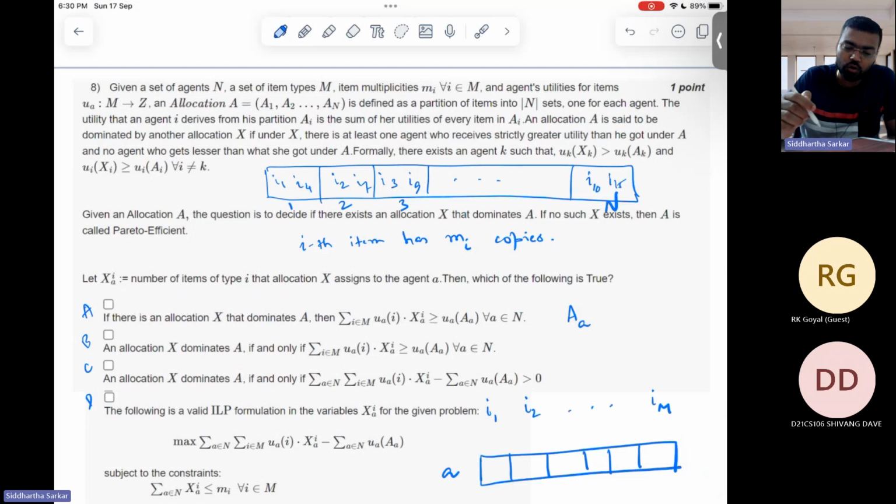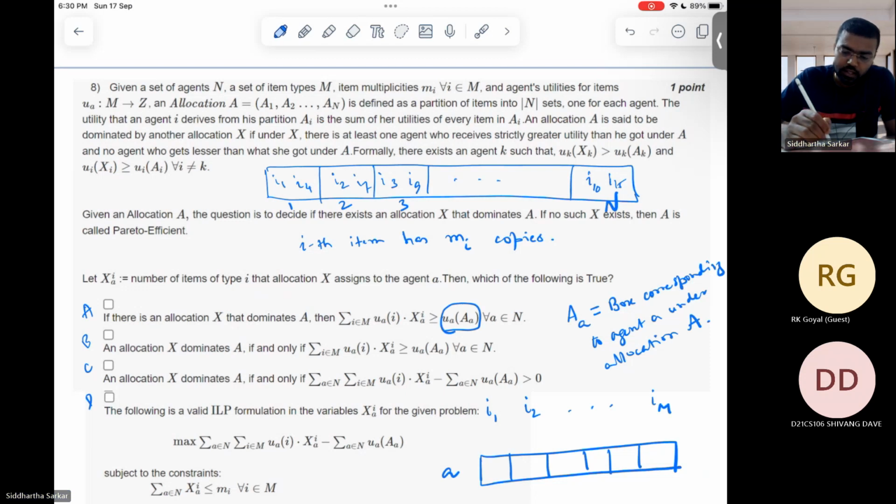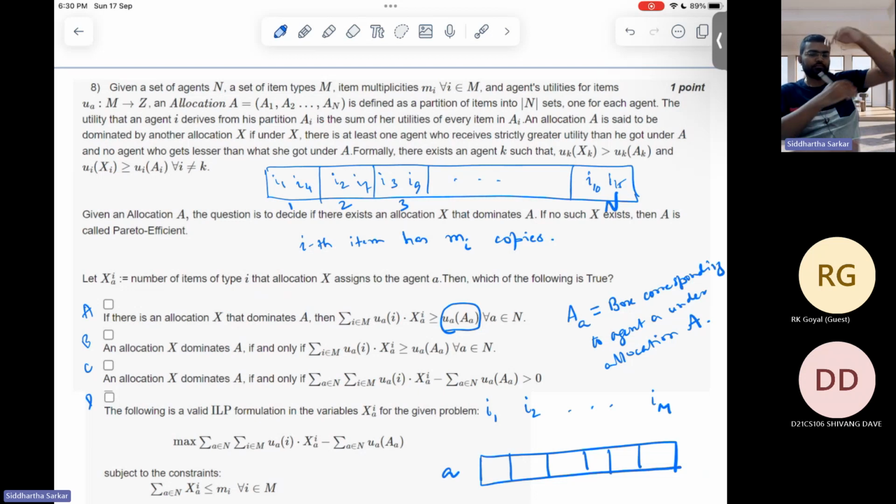A sub A is the box corresponding to agent A under allocation A. So this is the total utility of the box that agent A has derived under allocation A. So this is nothing but the same thing. The left hand side and right hand side are the same thing, but under two different allocations.